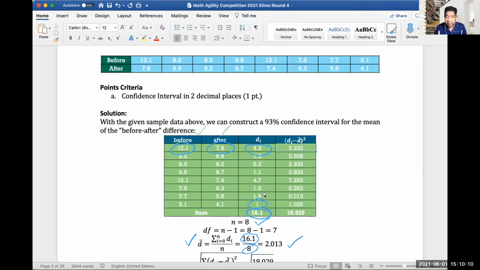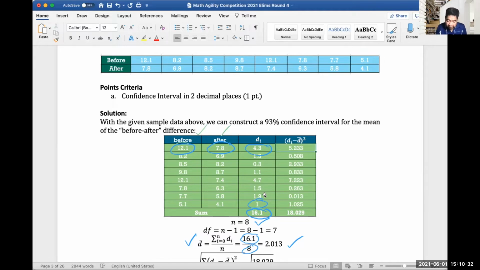Okay, next step is we will be solving the standard deviation. The fourth column would be helpful for us to compute the standard deviation. Since we already know the average or the mean, which is 2.013, we need to subtract it from all of this di, the third column.